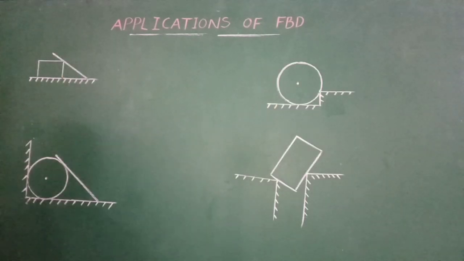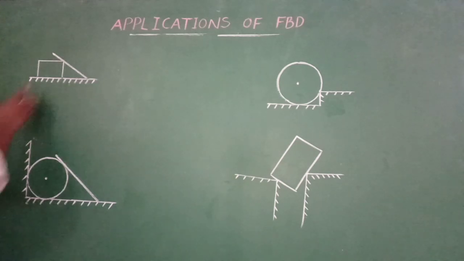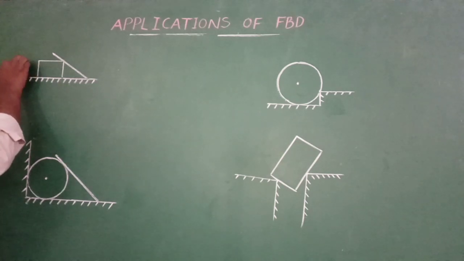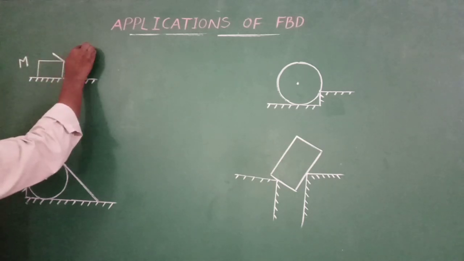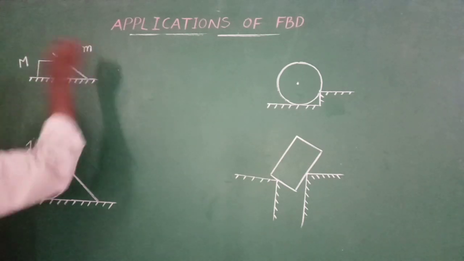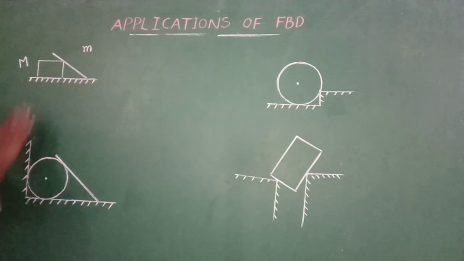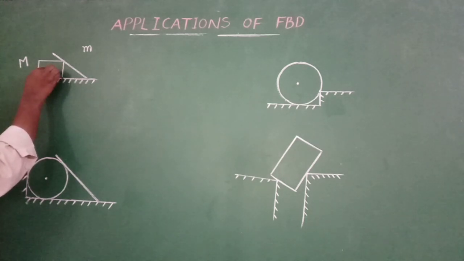Next case now. Here you assume the mass of the block is taken as capital M and the mass of the rod is taken as small m. First, for the block, in this case, the block weight W acts vertically downward.